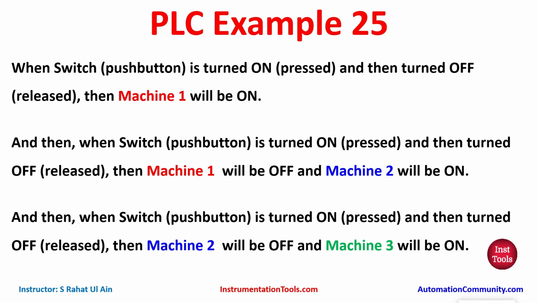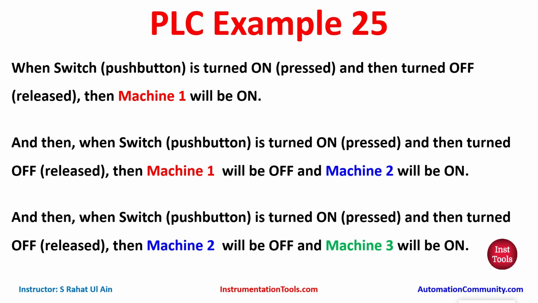Firstly, to turn on machine 1, and in the second press and release, machine 1 will be off and machine 2 will be on, and then in a third press and release, machine 2 will be off and machine 3 will be on. So in this example, we will be using some normally open contacts as well as normally closed contacts.